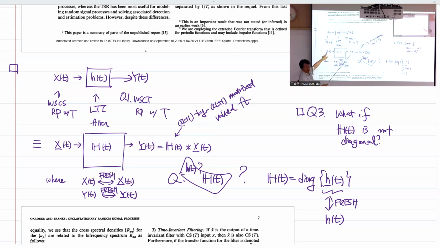Suppose we have vector valued signal input, vector valued signal output, but not diagonal, non-diagonal square matrix here. Then what would be equivalent linear system? It could be, it never can be nonlinear, right? Everything is linear. Linear system that relates x and y.